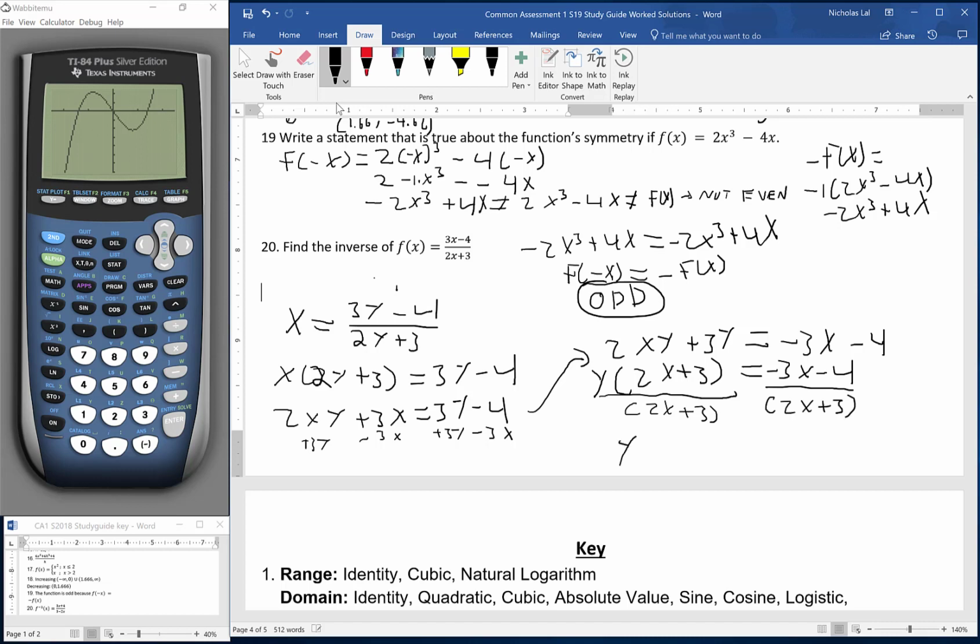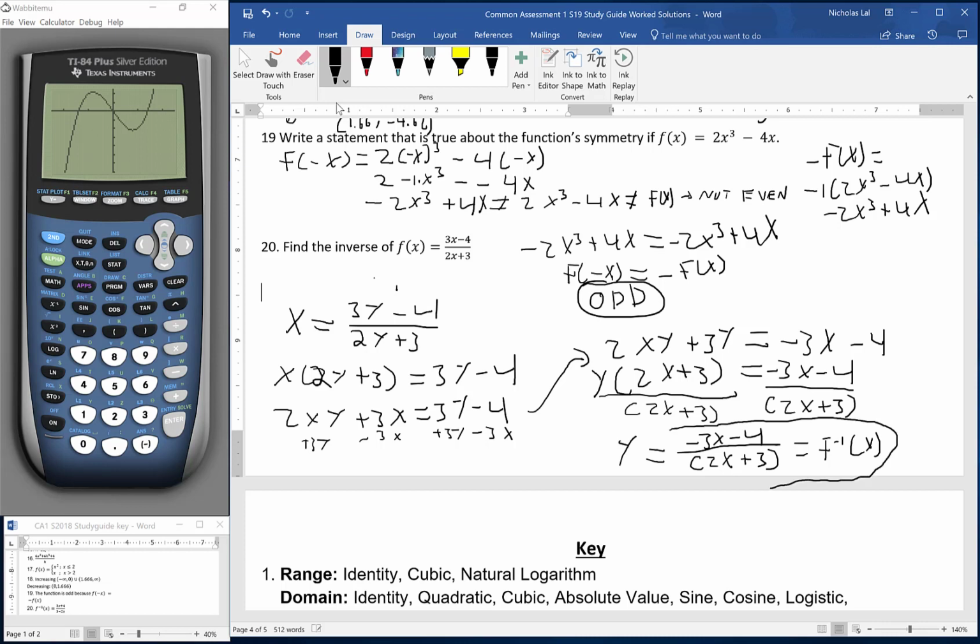And so now I have y is equal to negative 3x minus 4 over 2x minus 3. That is equal to the inverse of the function.